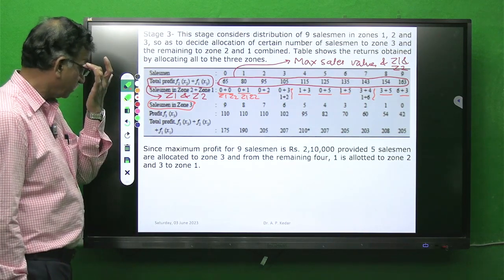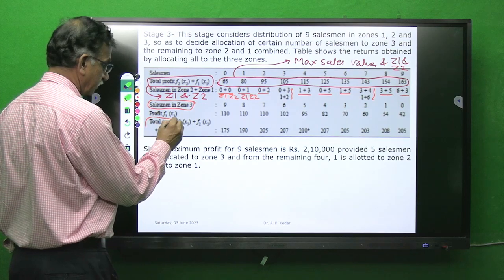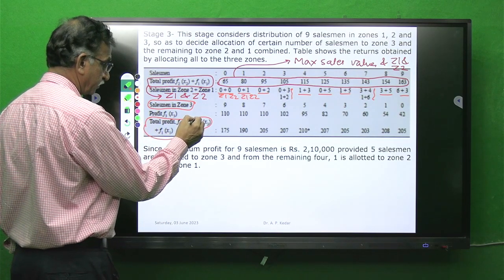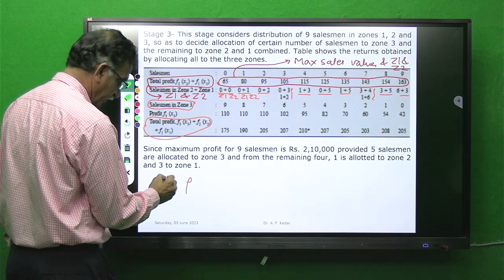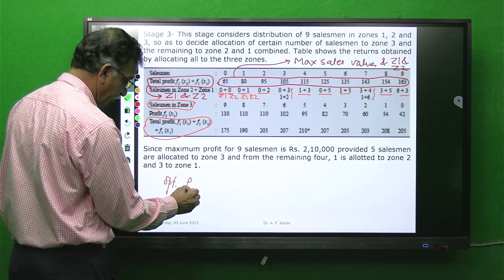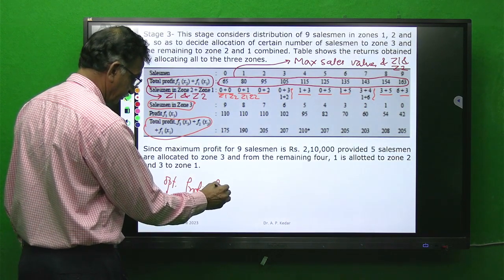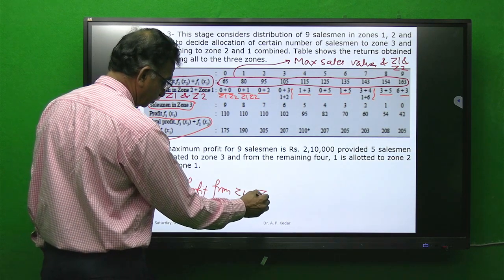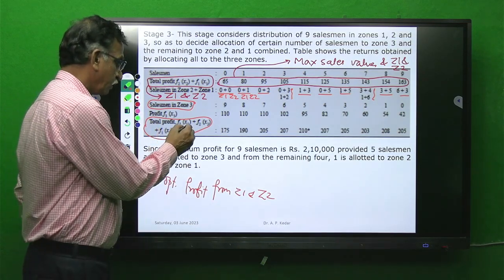And what is the zone 3 total profit? It is the optimum profit from Z1 and Z2 zone with the current decision.